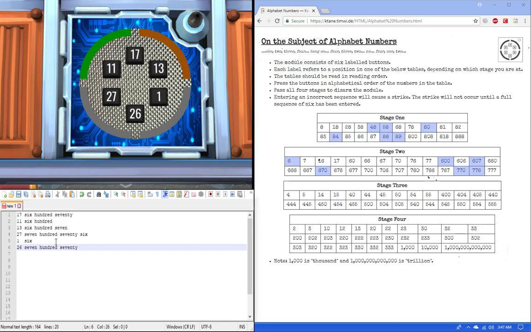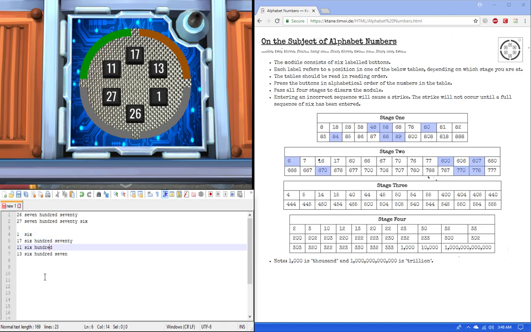Alright, we have to arrange these in alphabetical order. Obviously, the 770s are going to go first. First is going to be the 770, since there's nothing else to it. Then it's going to be 776. Now we have to deal with the 6s. The 1 is going to go first because it's just 6 and nothing else.